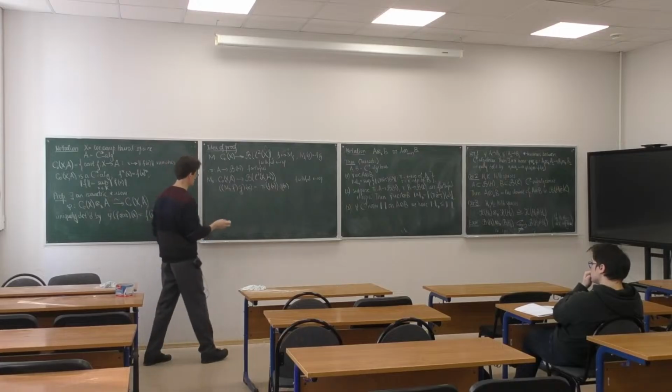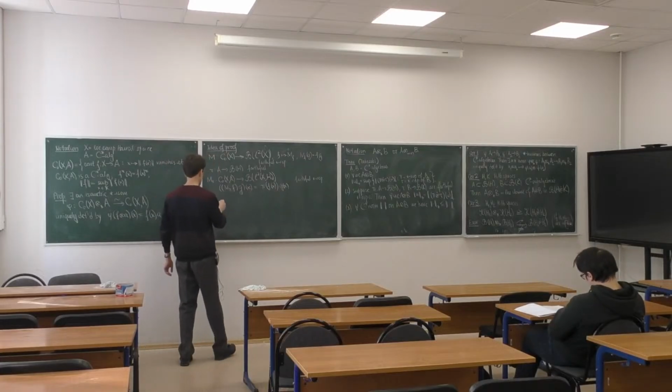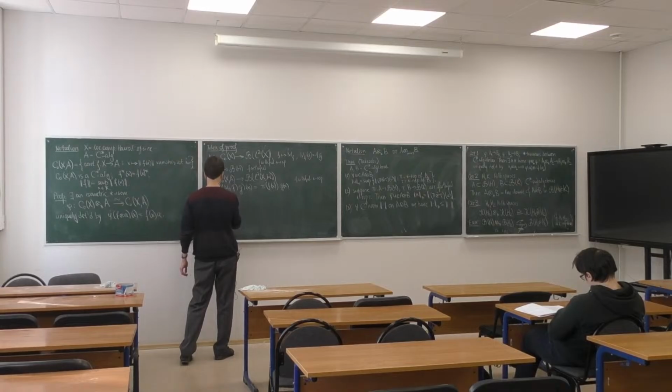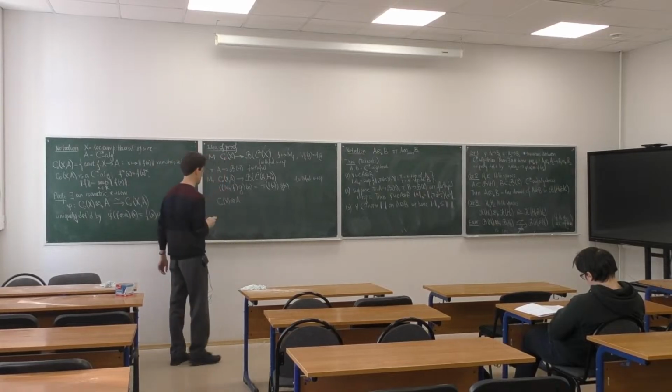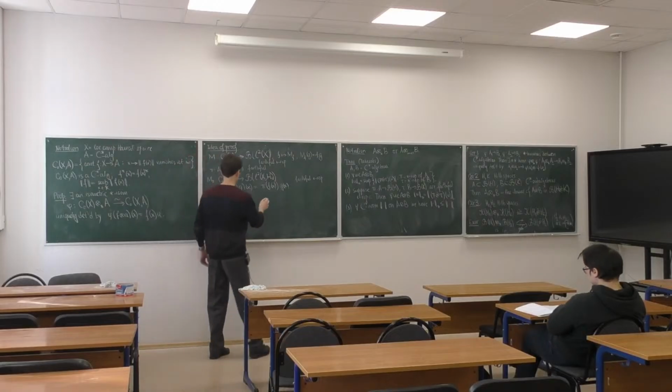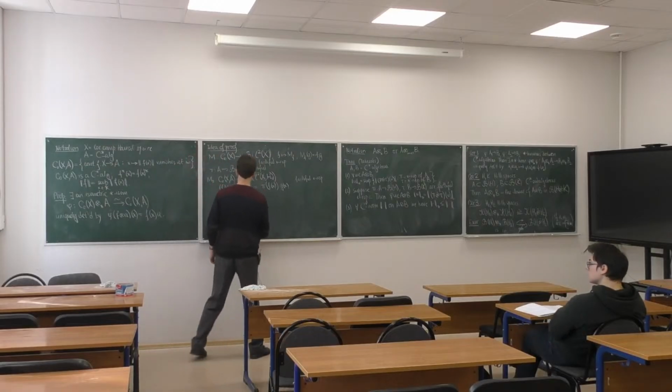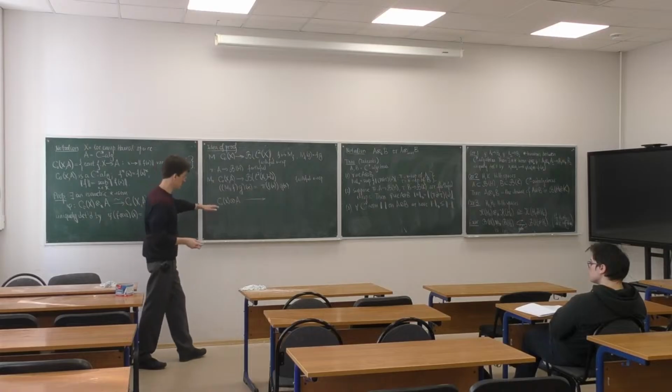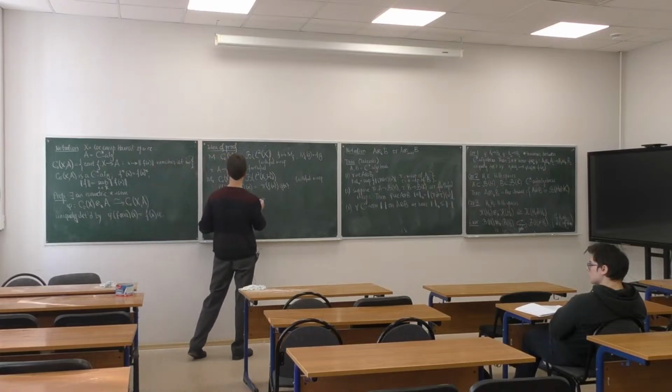And these representations are related to each other by the following diagram. So here we take the algebraic tensor product of C0 of X and A. The spatial tensor norm on this algebra is defined in terms of the representations M and pi.